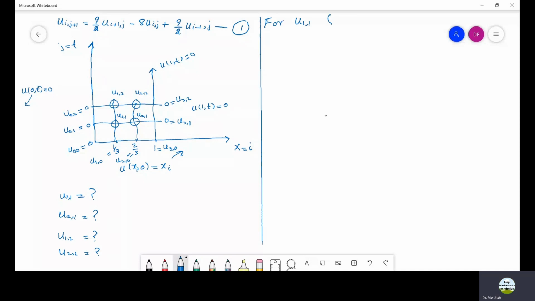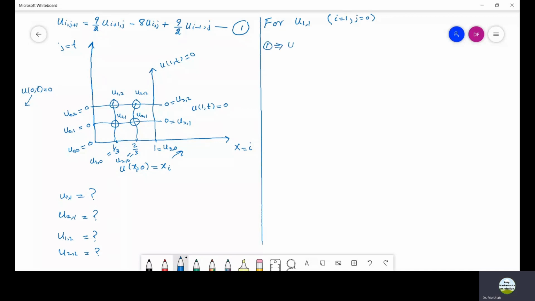Now look at formula number 1. How can I get u1,1 from the left hand side, where the left hand side is u i, j plus 1? If I put i is equal to 1 and j is equal to 0 in the left hand side of 1, then I can get u1,1. So let us put these values in 1.